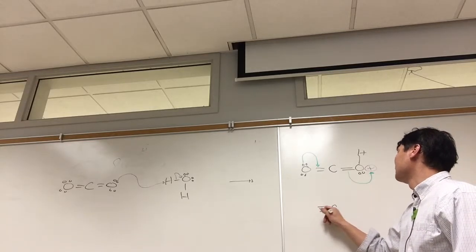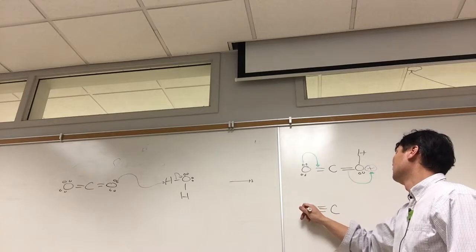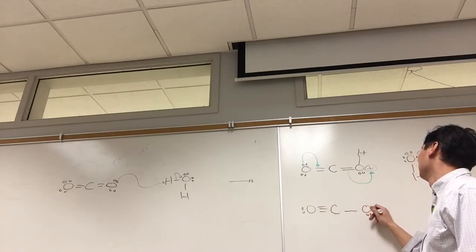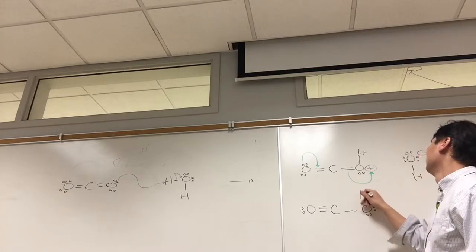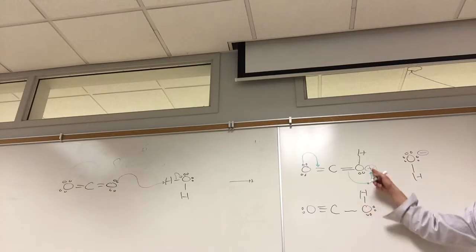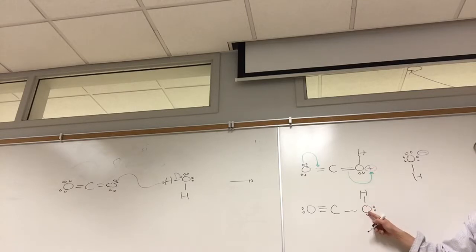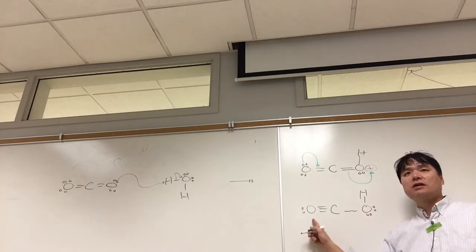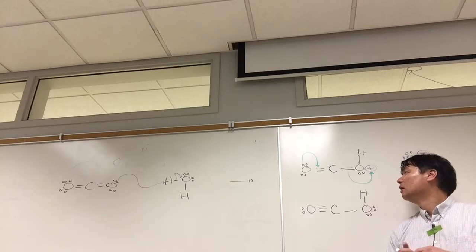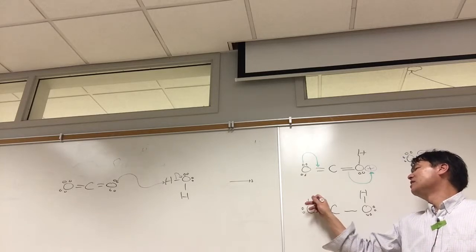What do you call this? I'll just rearrange it a little bit. So now this oxygen went from a positive formal charge to a 0 formal charge. But you look at this oxygen over here, this oxygen is now a positive formal charge.